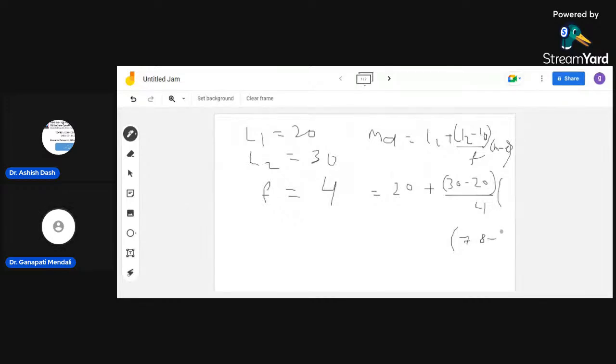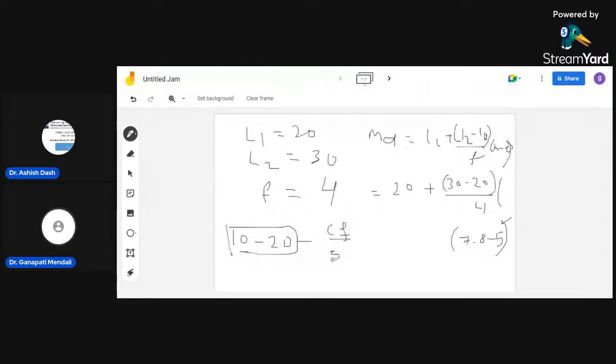So you have to be very careful about the value of C. C is the cumulative frequency of the class preceding the median class. The class preceding the median class is 10 to 20, so corresponding to 10 to 20 you take the cumulative frequency, which in our example is 5.